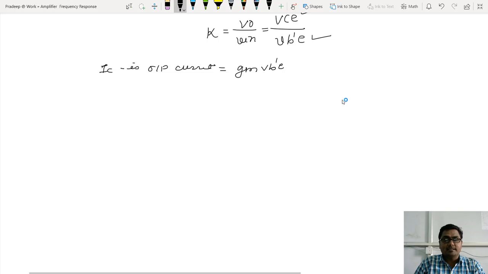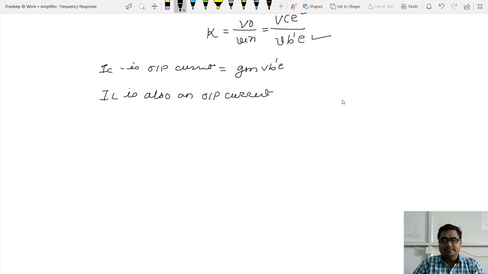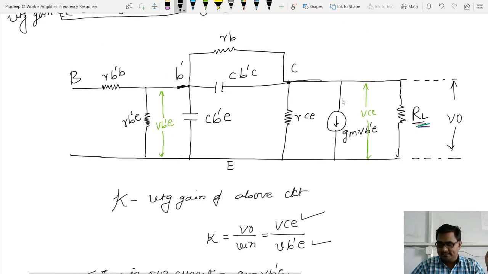And I have connected load resistor also. So IL is also an output current. GM VB'E is nothing but your IC. IC is the output current. Now I have connected load resistor, so IL must be the output current. IL is the current flowing through that load resistor RL. Let me write it here. It is IL.